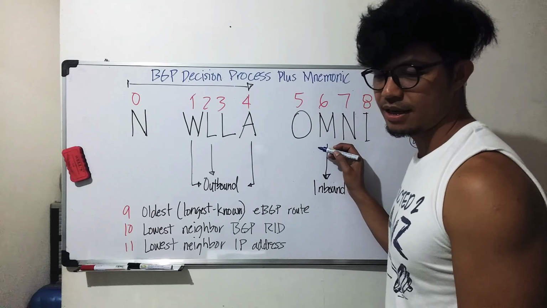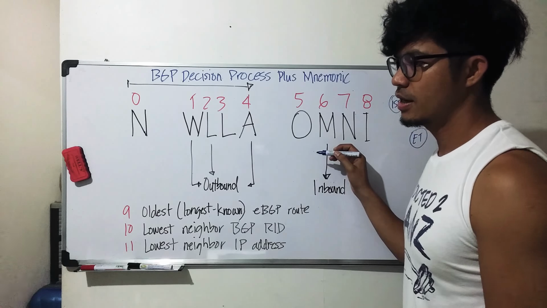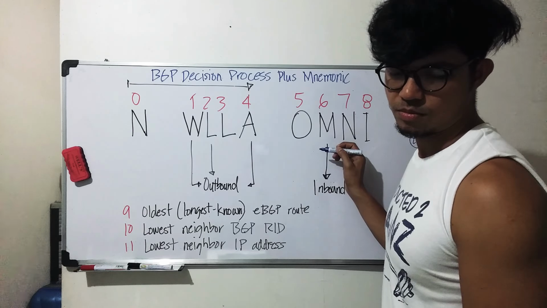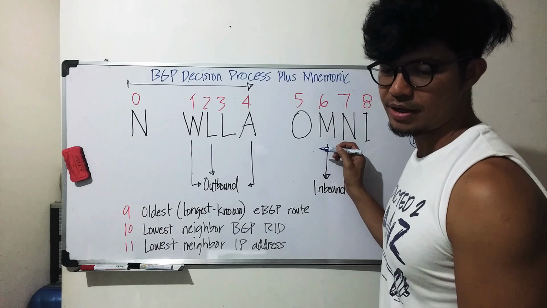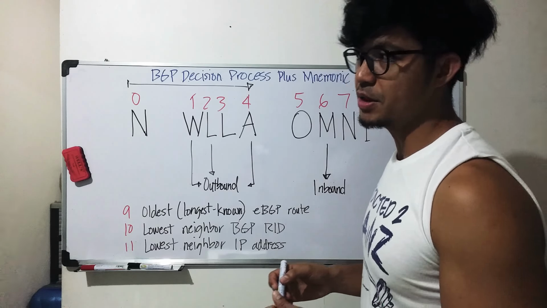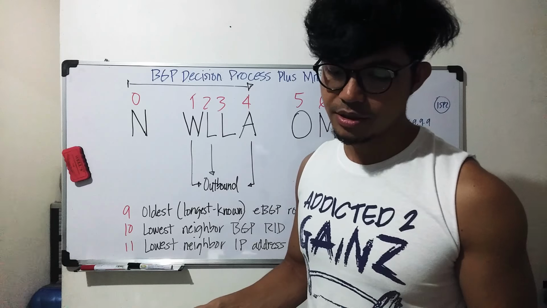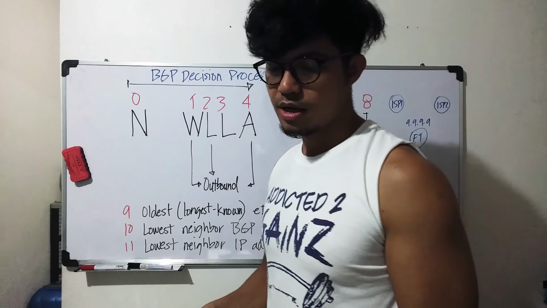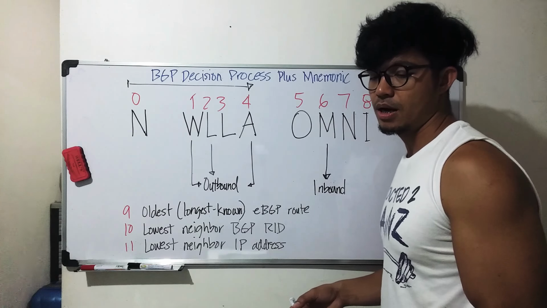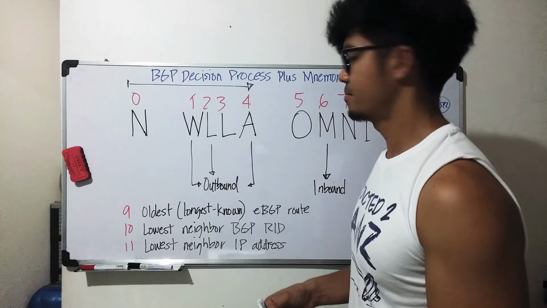When you see an I, that is a route that is injected into BGP by using the network command, and E is a route that is injected into BGP using EGP, which doesn't exist anymore, and question mark is a route that is injected into BGP by using the redistribute command.